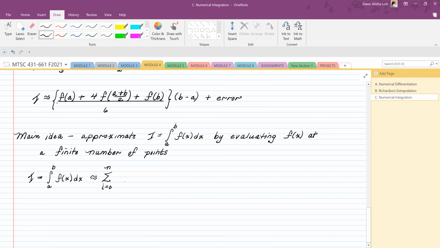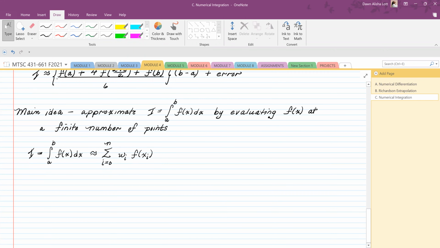And we're going to have weights wi times f of each xi. Okay, so the xi are our integration nodes, and our wi are their integration weights.